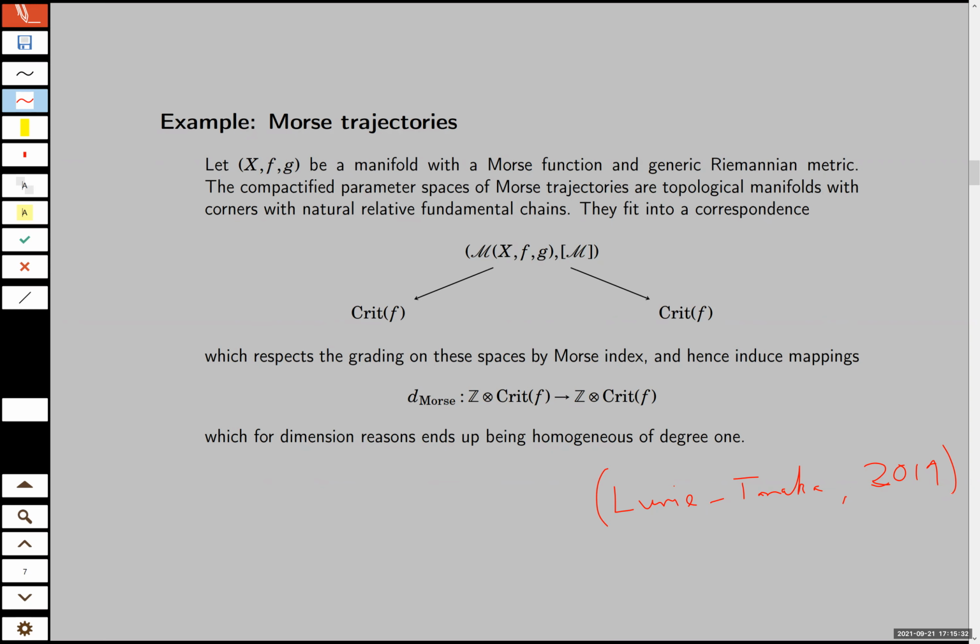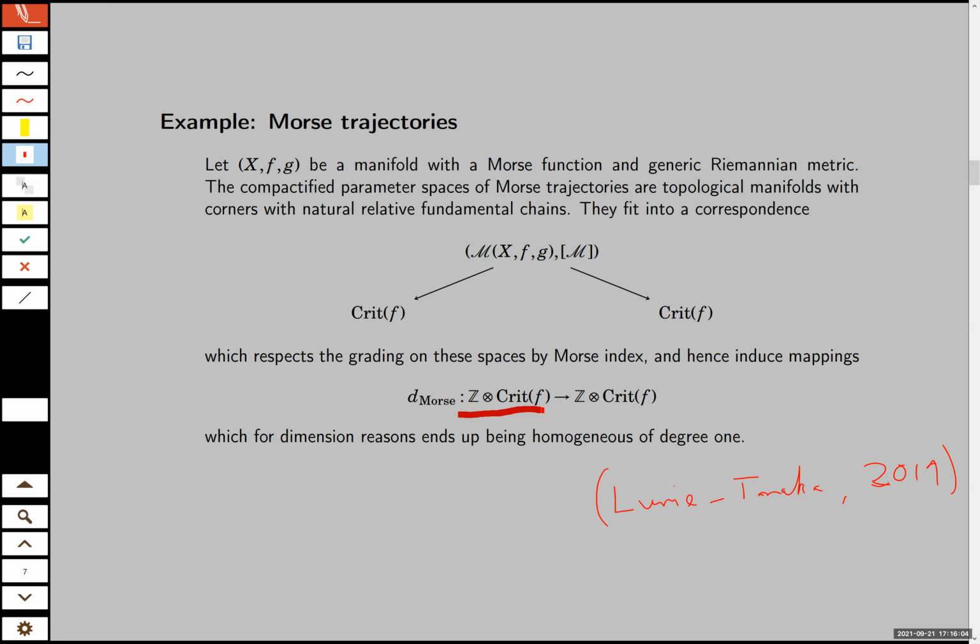So they fit into a correspondence, and these spaces are a disjoint union of spaces of a fixed Morse index. And so this object here, this Z tensor crit F, I just mean the direct sum of crit F copies of Z, is a graded abelian group.